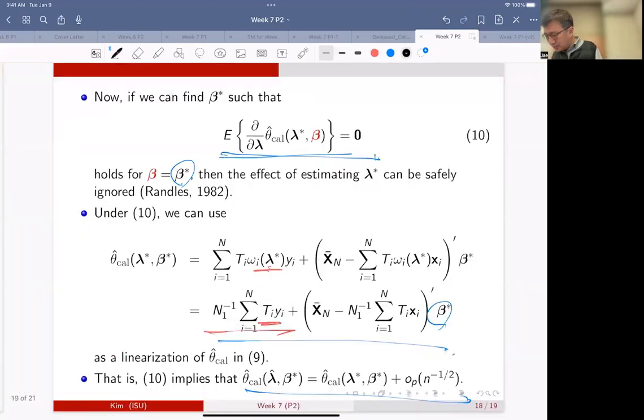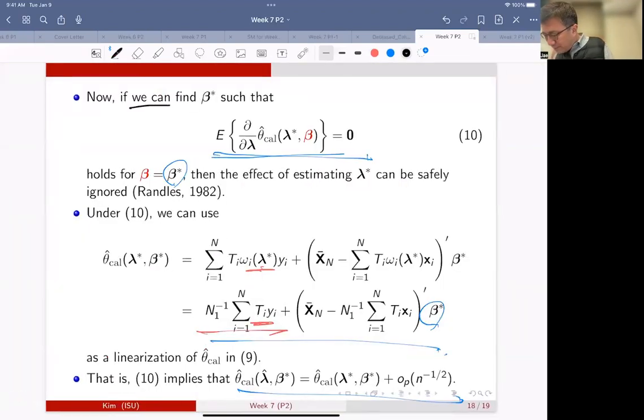So that is basically the idea. If we can find beta star such that this one is zero at this beta star, then the effect of estimating lambda, so the sampling variability of lambda hat, can be safely ignored.